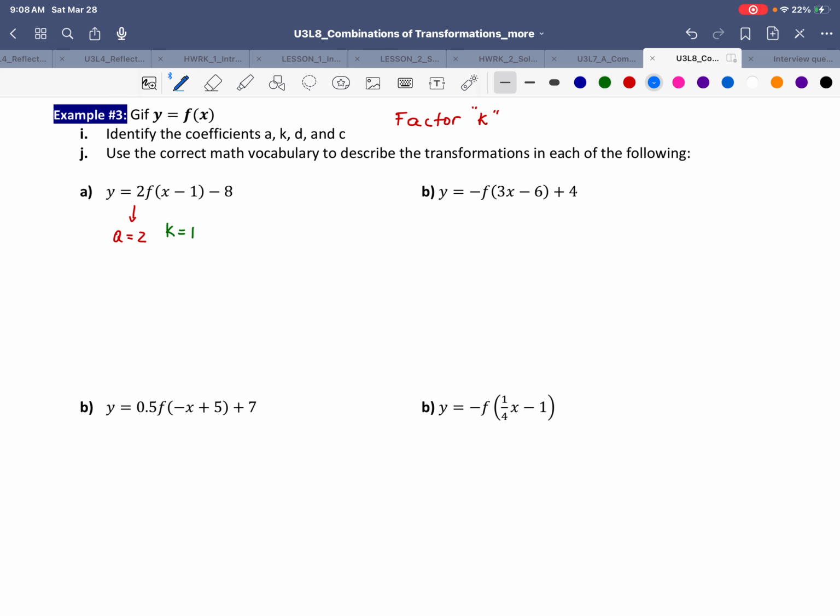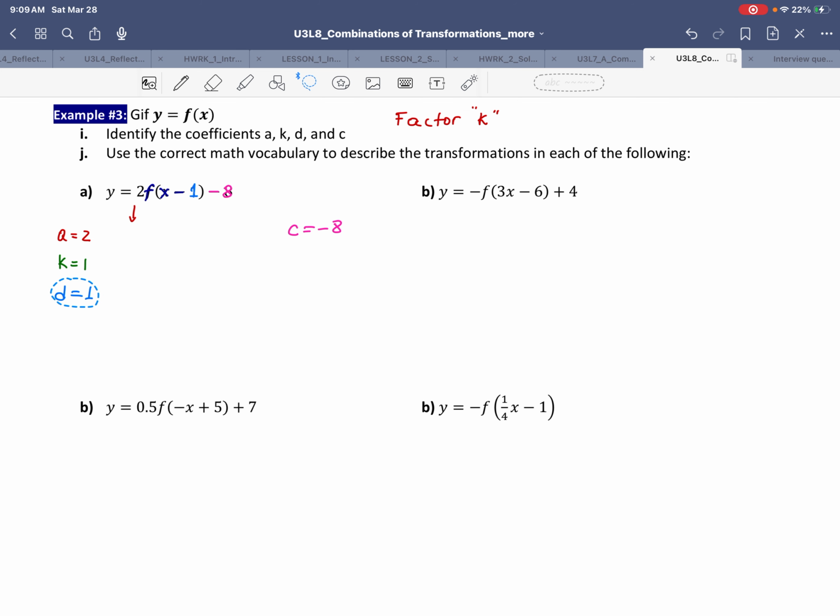We have subtracted the number positive 1 from x, which makes the coefficient d equal to positive 1. And lastly, we have subtracted 8 from the entire function, which makes the coefficient c equal to negative 8. So with this in mind, we're going to get started with the description of the transformations.